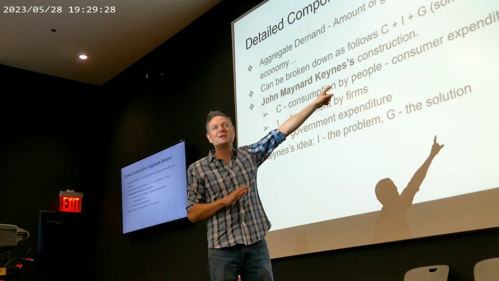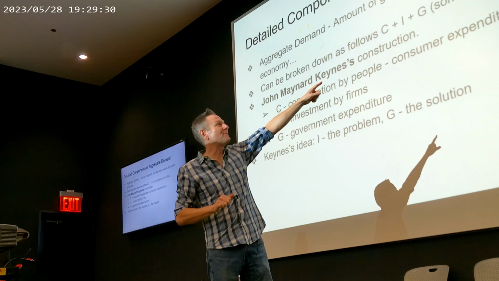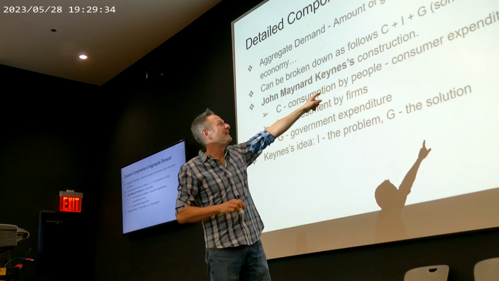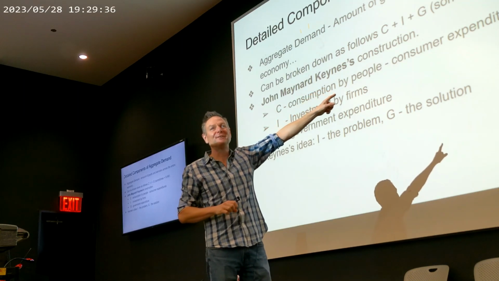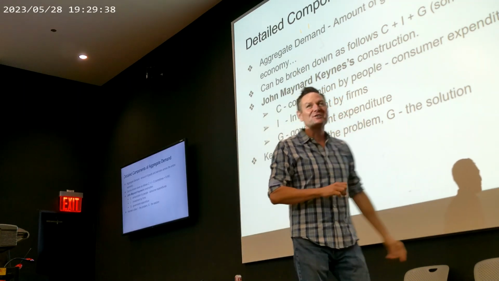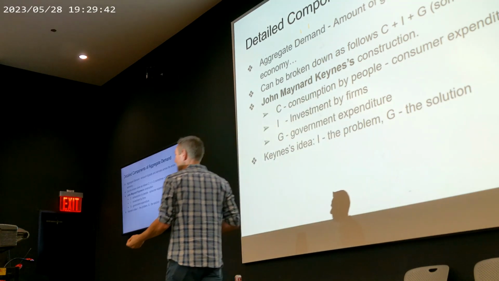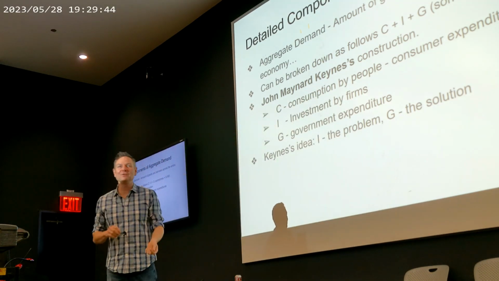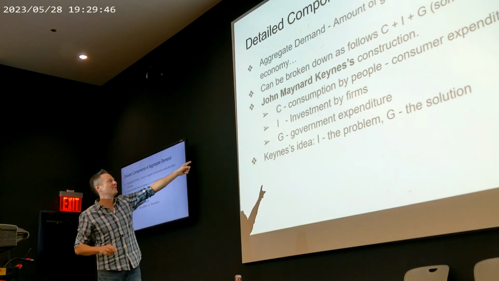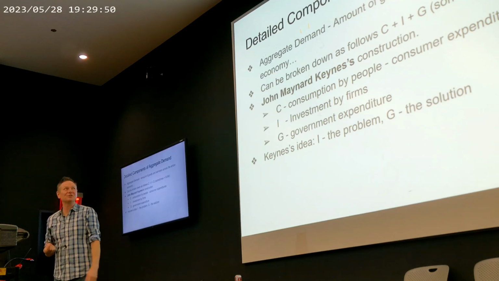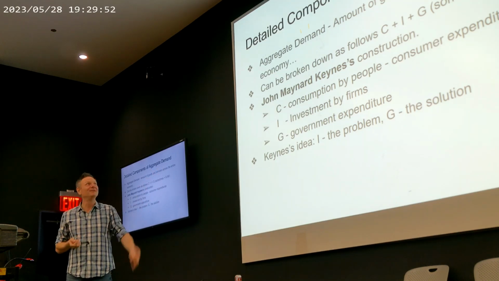Sometimes you add, this will happen when you take 201, you'll add in X minus IM. X is exports, and IM is imports, right? You might wonder why we suddenly have IM as imports. Well, we've been eating up all of our variables. We can't use I because it's already taken by investment, and M is taken up by money supply, so imports becomes IM.